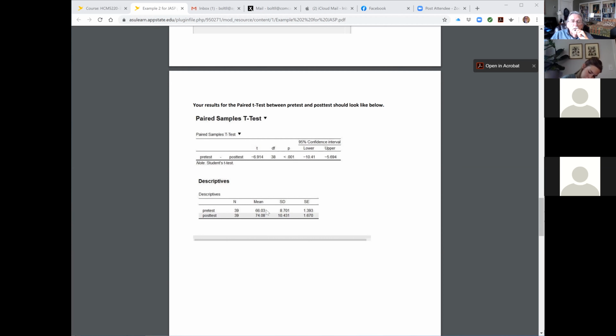And once again, the boundary here for the two-tailed test would be 66.03 minus about 17, 66.03 plus about 17. So that would be about 49 on the low side, and about 93 on the high side.